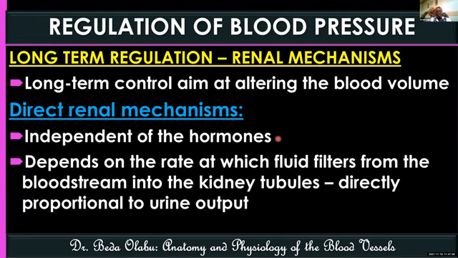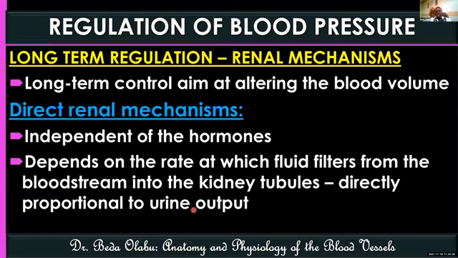Let's think through that. If blood pressure is high, it means that more fluid will be filtered. If fluid being filtered into the renal tubules is moving at a faster rate, then it means that the amount of fluid we are going to lose out of the kidney in form of urine is also high. So what's the long-term effect?